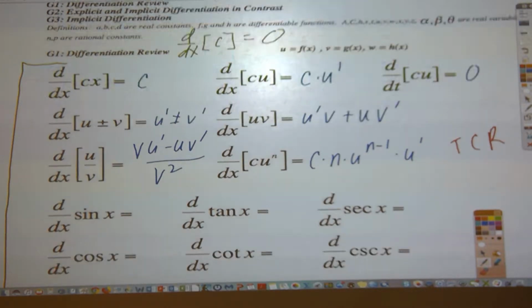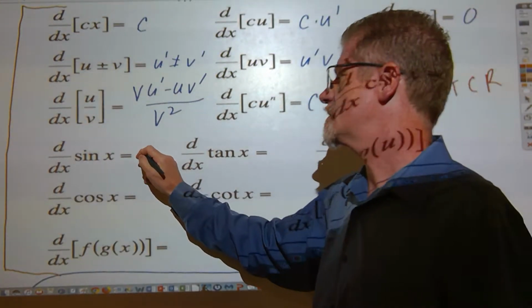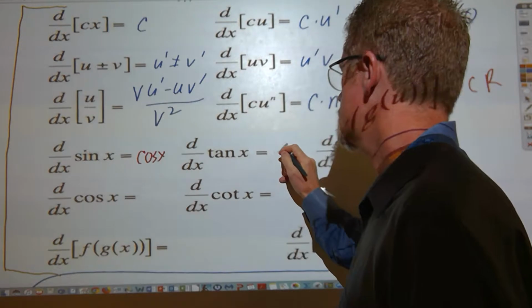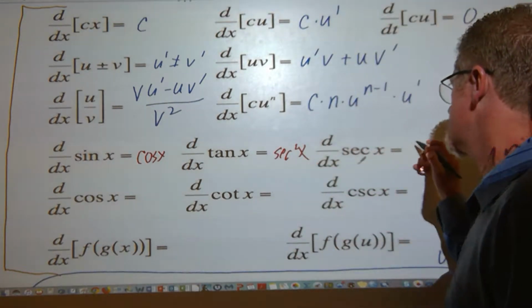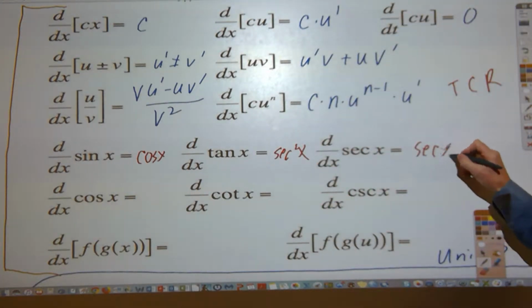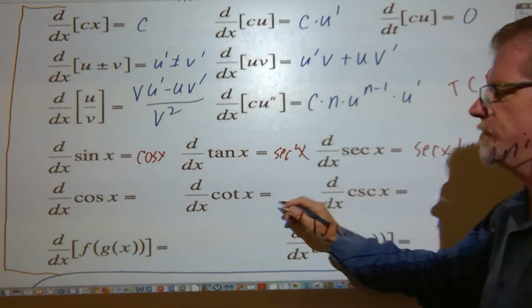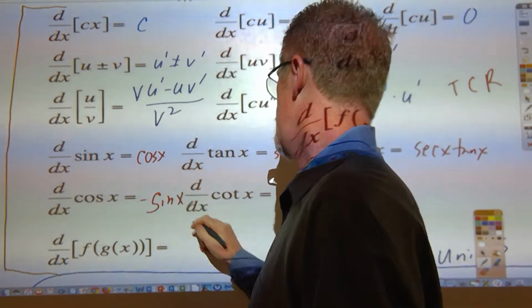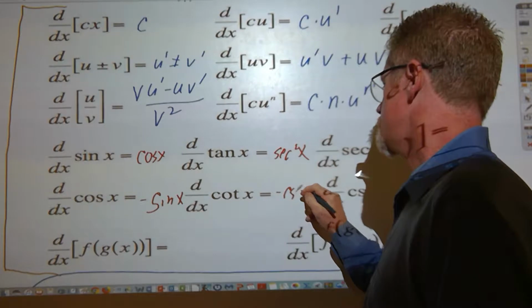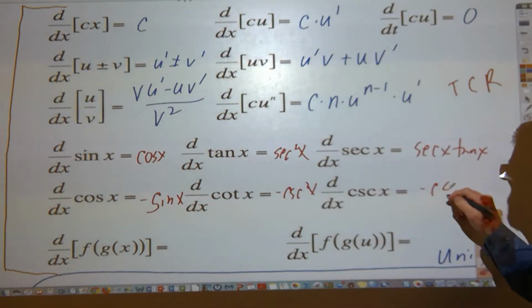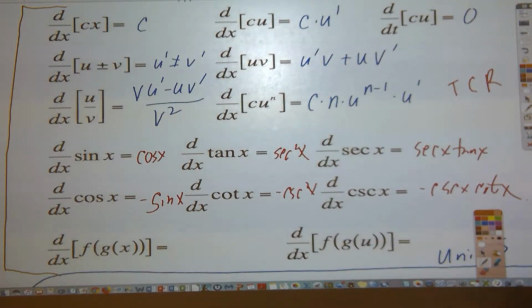Down here, we're just taking the derivative with respect to x. So this is cosine x times dx dx, secant squared x times dx dx, which is 1, and secant x tangent x times dx dx, which is 1. So we get negative sine x, negative cosecant squared x, and negative cosecant x cotangent x times dx dx.